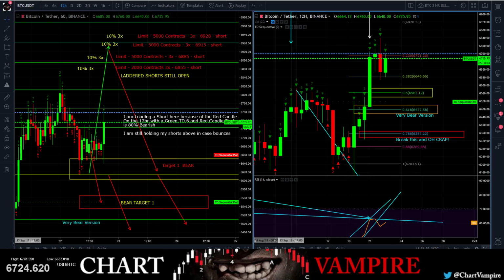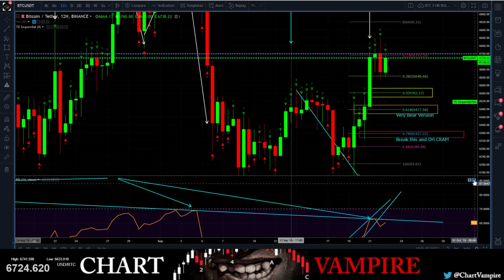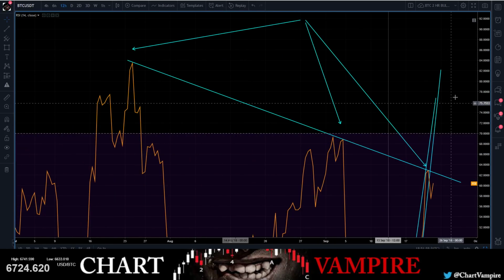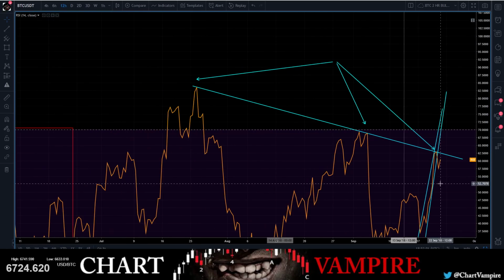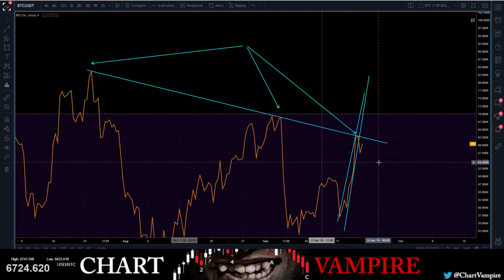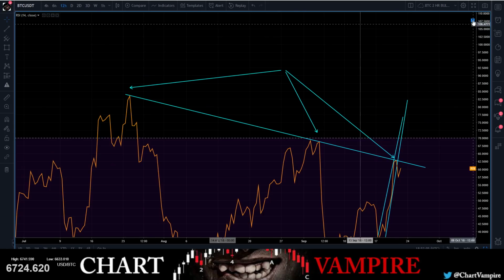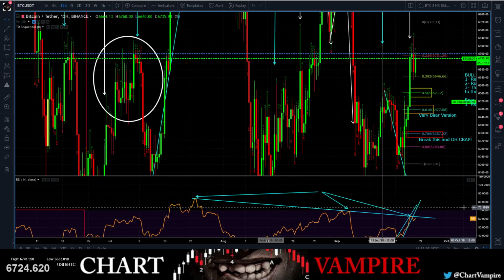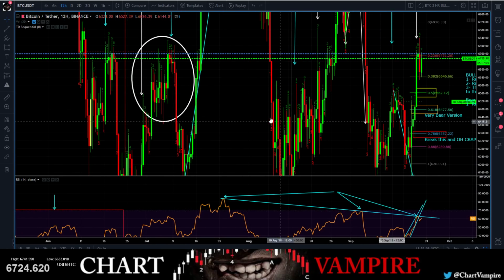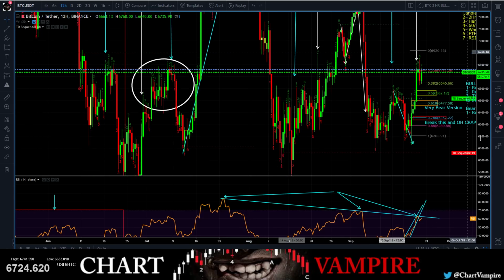Oh, and here we go. So here is a 12-hour RSI chart. This is a 12-hour RSI chart, and what I want to do is bring this up. Let me squeeze this down here.